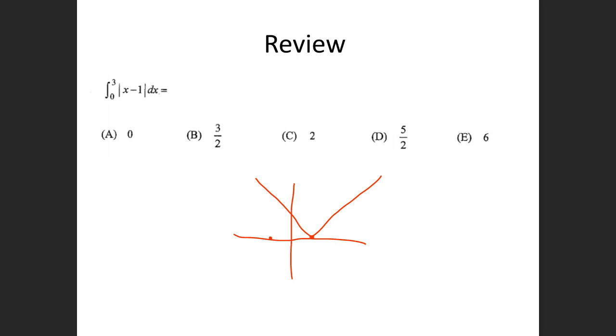And I'm going from 0, so I'm starting here, and I'm going to 3, which is probably about here. So if I plug 3 in here, 3 minus 1 is 2, so this would be 2 here. This is 1 here. So all I have to do is, and that's what this problem is trying to get across, sometimes you can just find the integral just by finding the area underneath the curve.